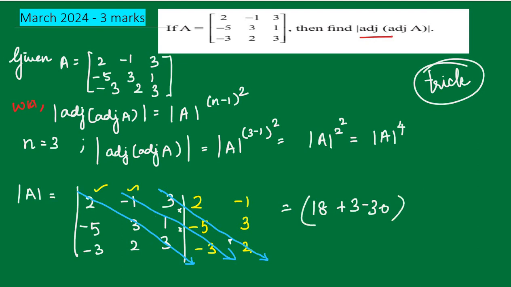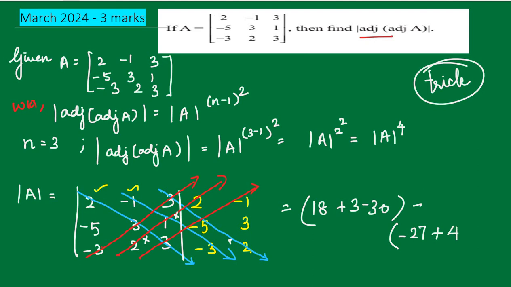Next step, we take the elements along the other diagonal and multiply them, and this we subtract. Here minus 3 into 3 is minus 9, minus 9 into 3 is minus 27, plus the next element 2 into 1 is 2, 2 into 2 is 4.